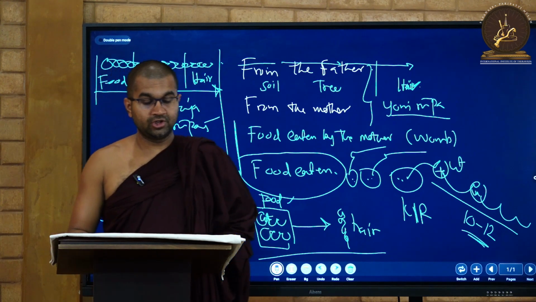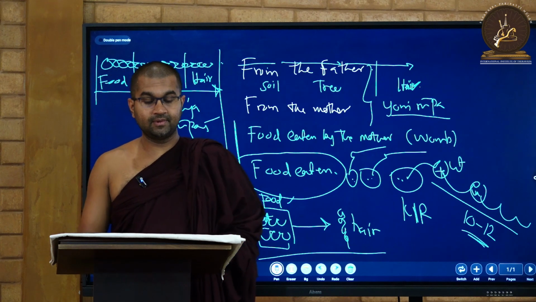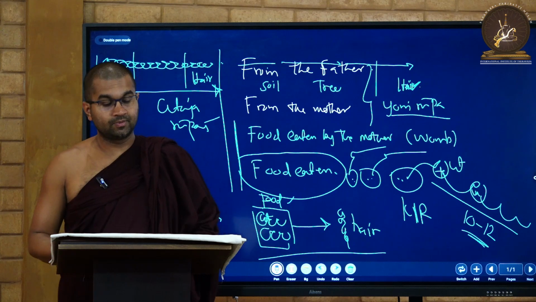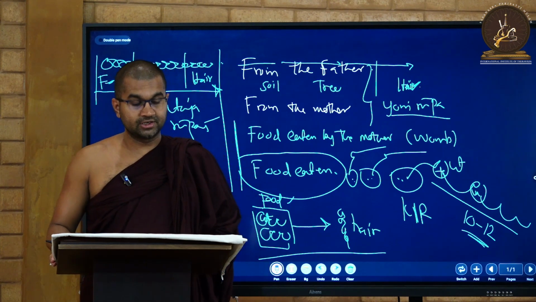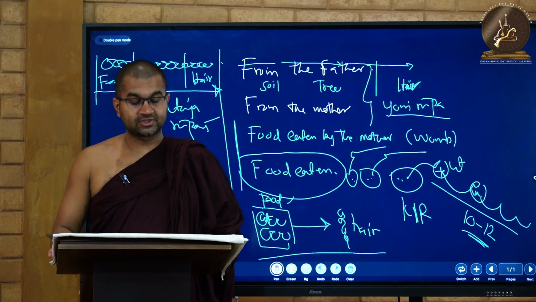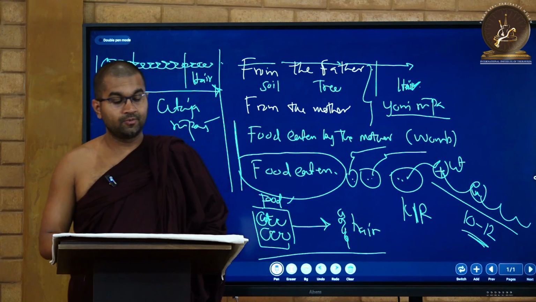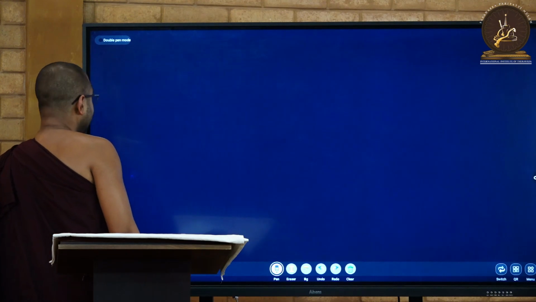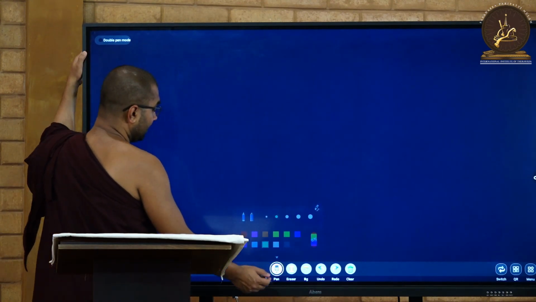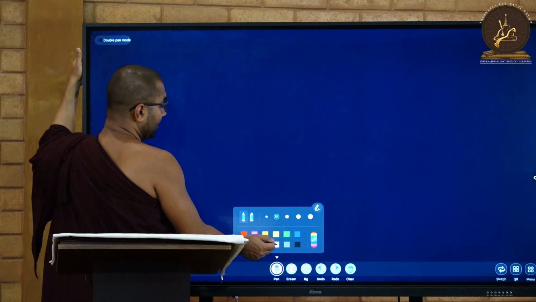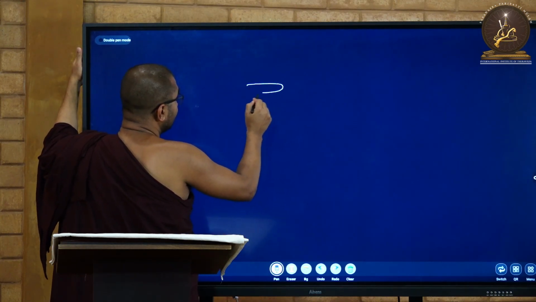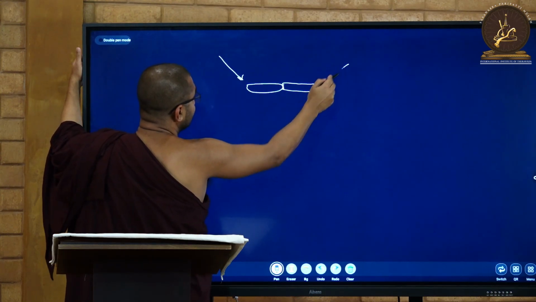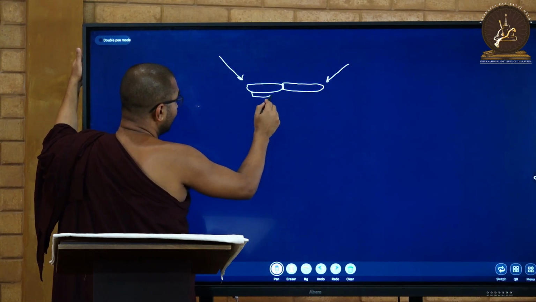And furthermore, due to the influence of Utuja-rupas inherited from the parents' bodies, all rupa constituents, beginning from the Patisandhi Rupa, are structured in a manner resembling the rupas of the parents or ancestors. There are two things now going on. Now at the moment of conception, some rupas are added from the mother's and the father's body, and then this keeps on growing.